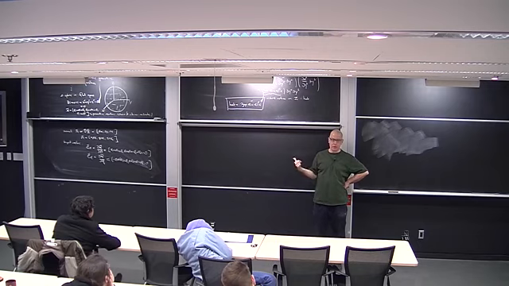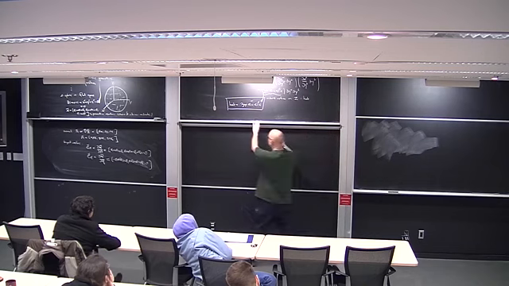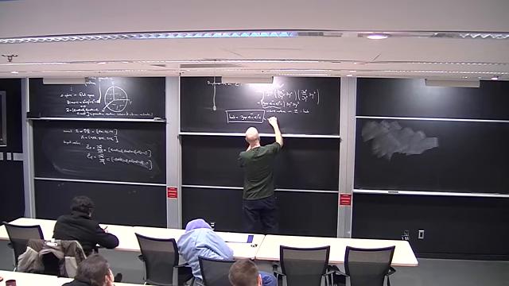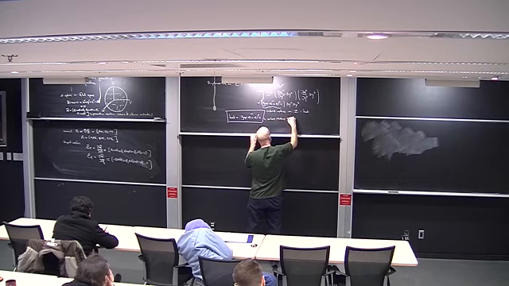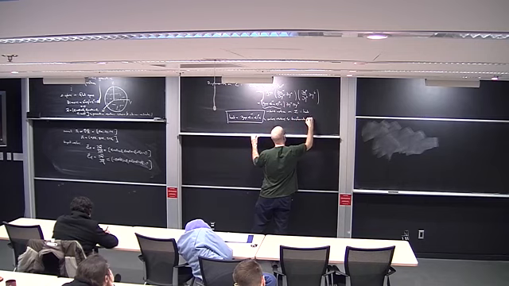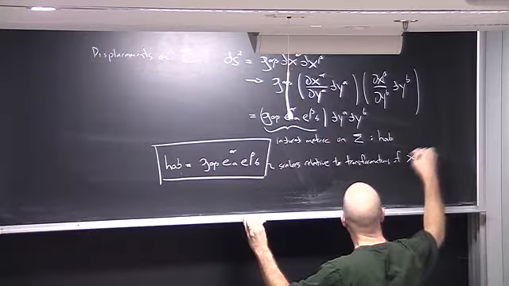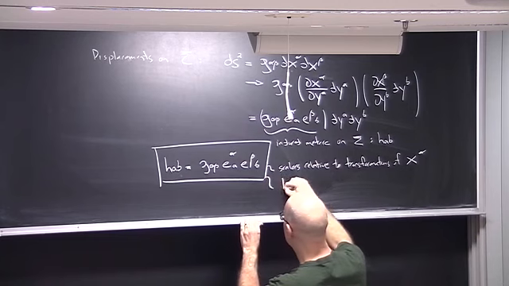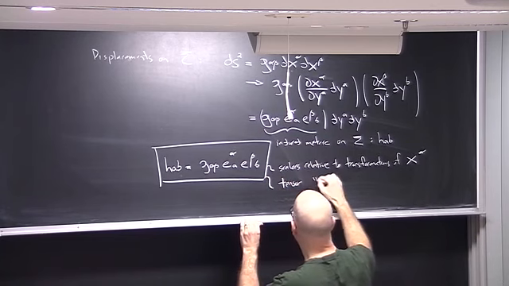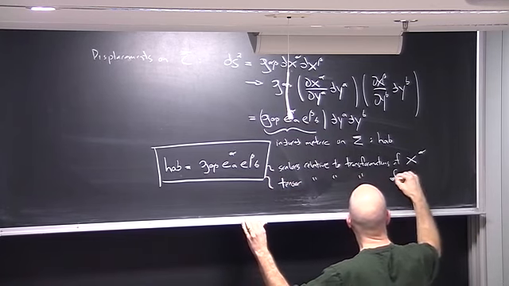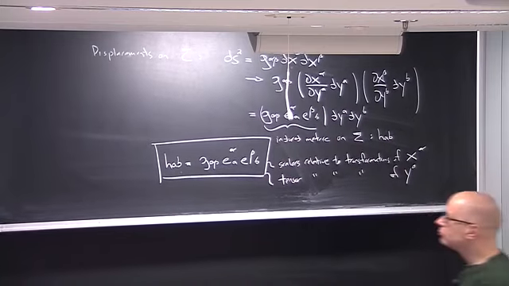But it's a bunch of scalars if you look at transformations of the space-time coordinates. And the distinction is important. So these are scalars relative to transformations of the space-time coordinates, but it's a tensor relative to transformations of the intrinsic coordinates.